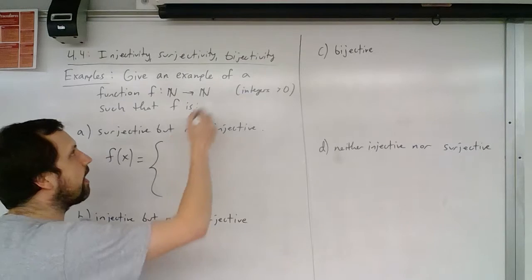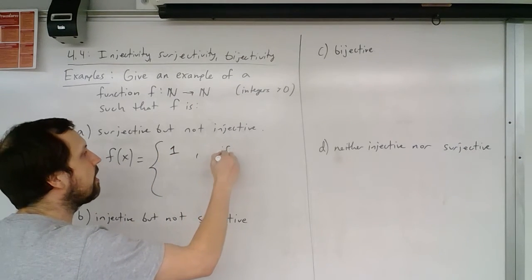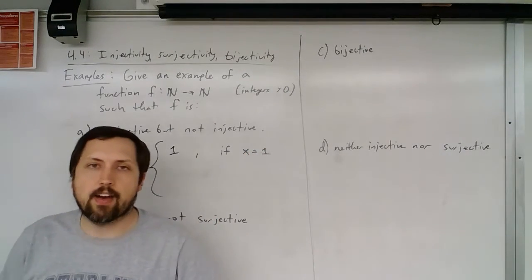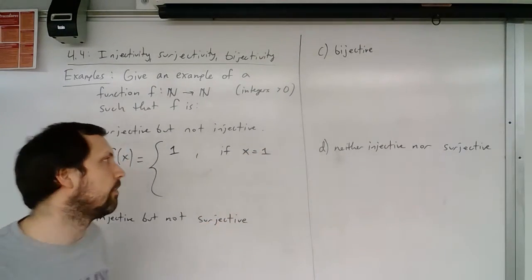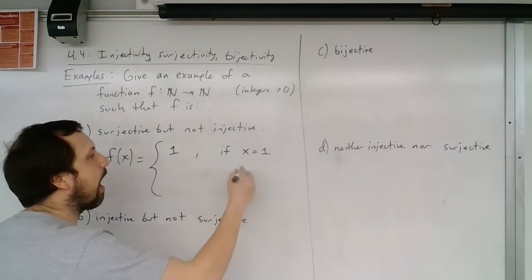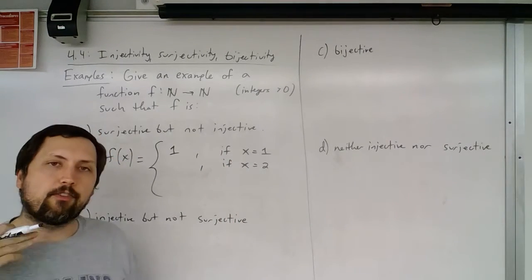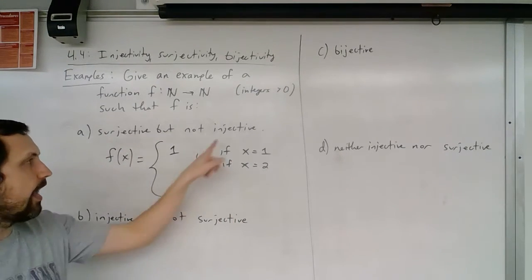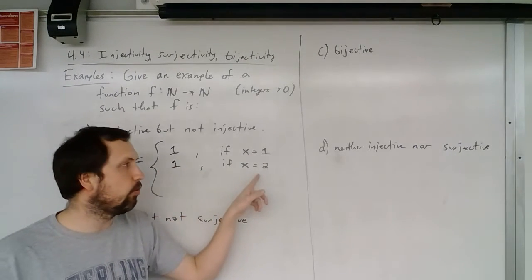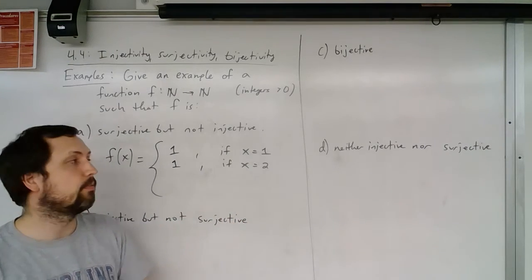So I will say the smallest one I need is 1, right? And I'm going to say this is if x is equal to 1. So I'm going to start by defining that 1 gets mapped to 1. Now for the not injective to be true, I'm going to move on to the next natural number. To have this fail injectivity, both 1 and 2 are going to get mapped to 1, so not injective.